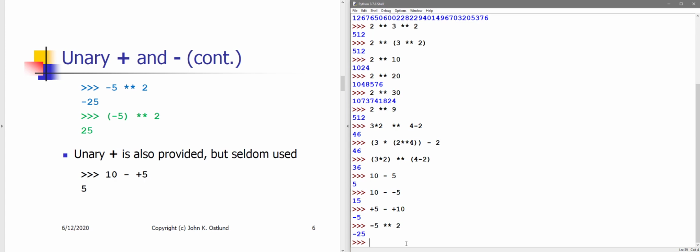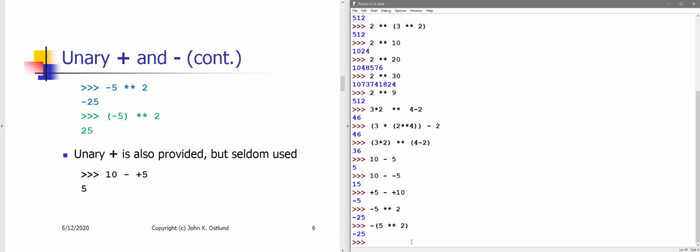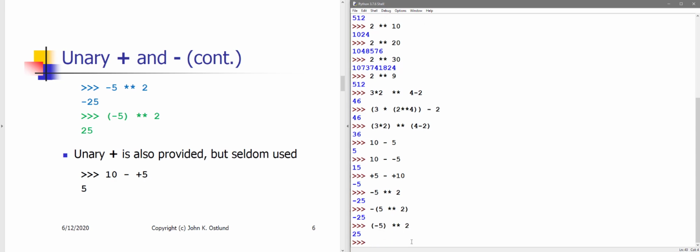That is, it's being evaluated as the negative of 5 to the power of 2. So 5 to the power of 2 is computed first, and then I get the negative of that result. If I want to force the negative to be applied before the exponentiation, I therefore need to put the minus 5 in parentheses, and then raise that to the power of 2 to get 25.